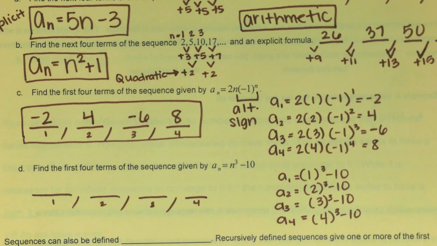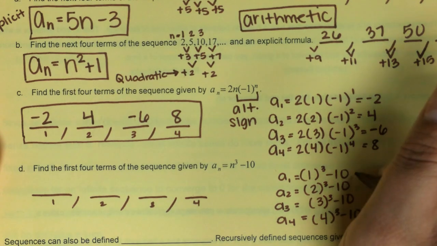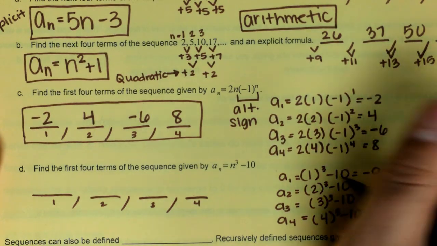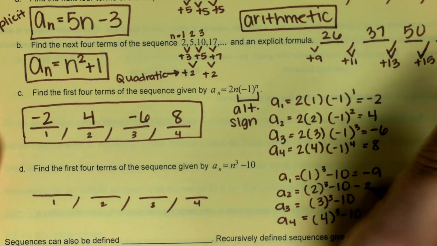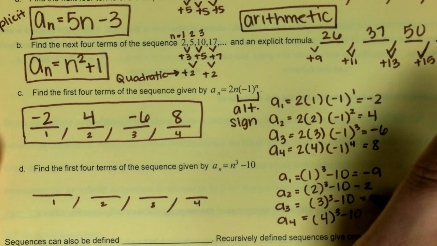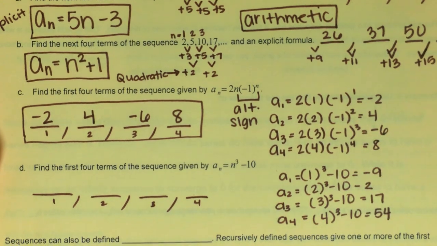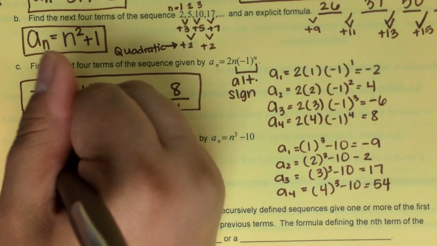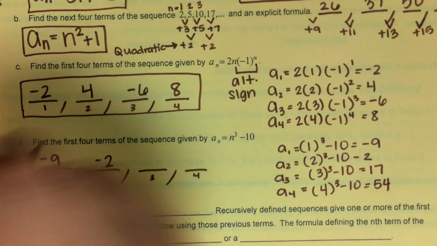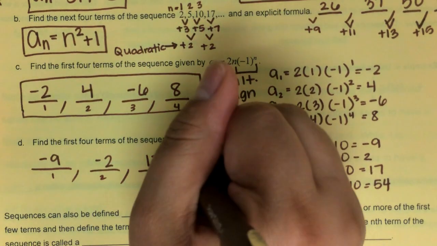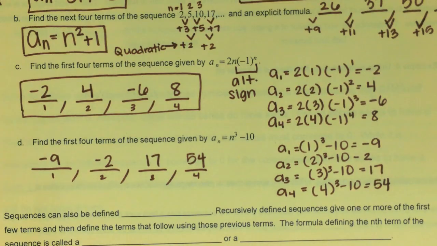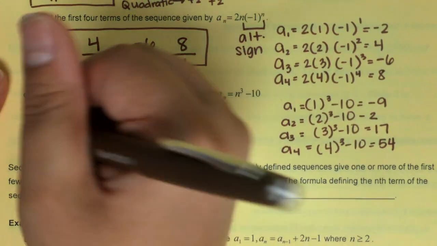Nobody's out. Is that what y'all got? Negative 9, negative 2, 17, and 54. Does that make sense?